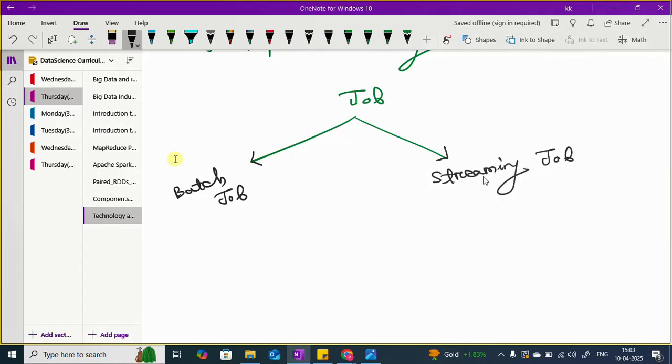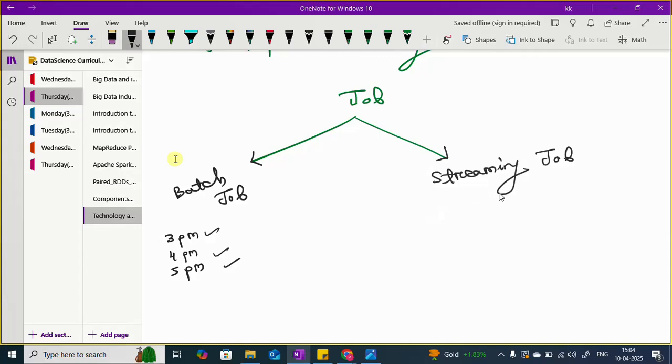What do you mean by batch job? Based upon the batch size, I collect the data from different source systems. For example, I have scheduled a job to run at 3 p.m., an hourly job. Then after 1 hour, at 4 p.m., then 5 p.m., it will run like this, at that particular timing only. That is called a batch job.